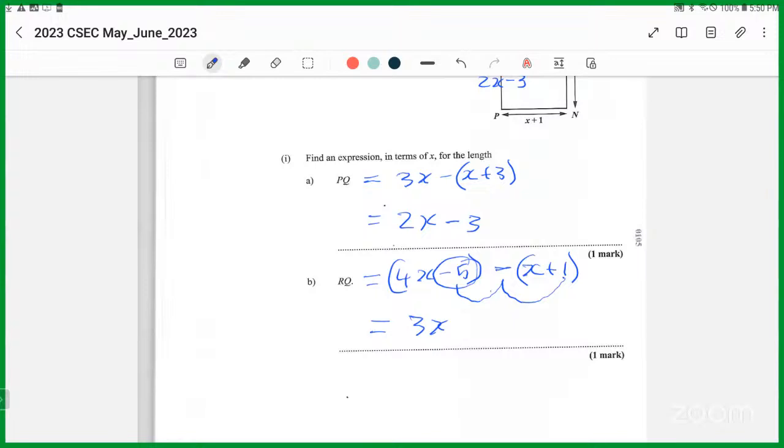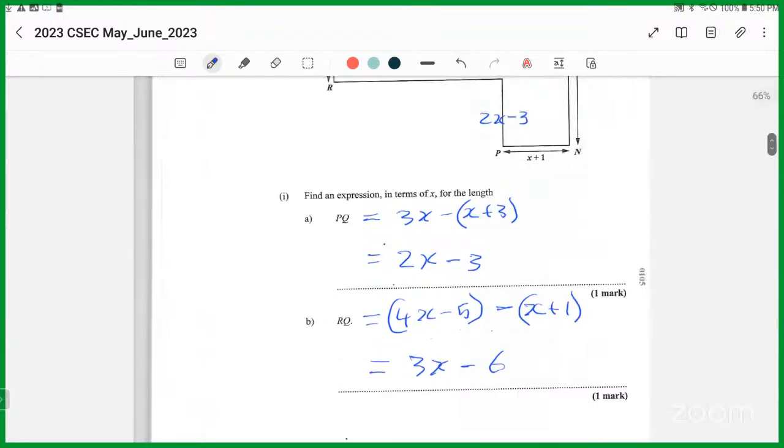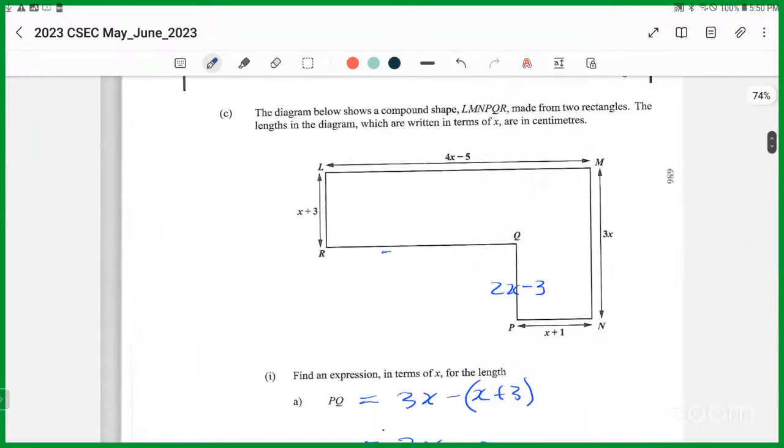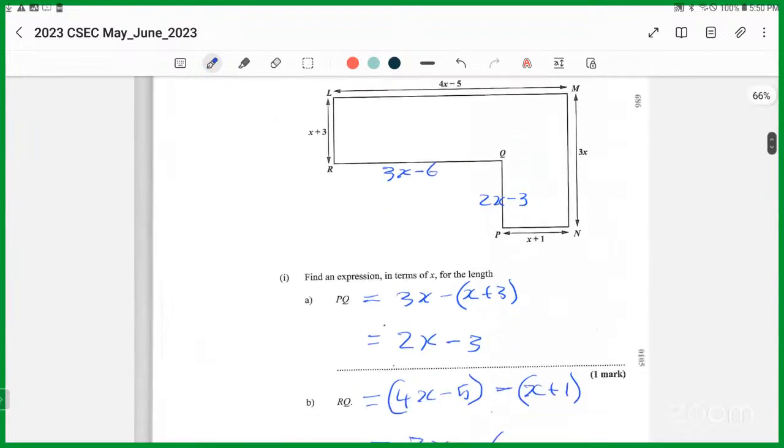Negative 5 minus 1 gives negative 6. So this length is 3x minus 6. We have those two dimensions.